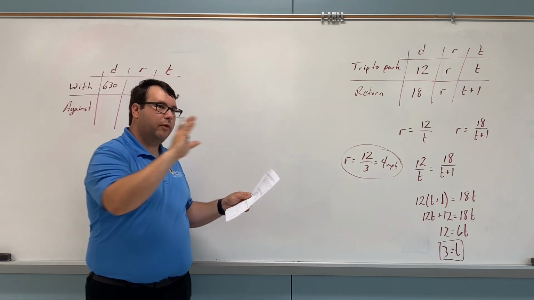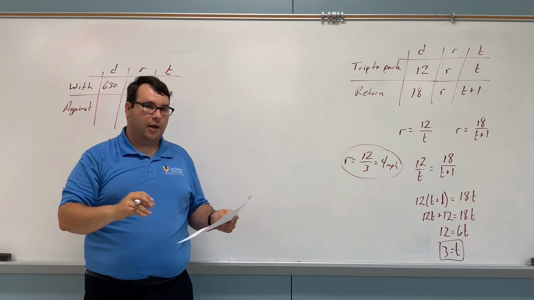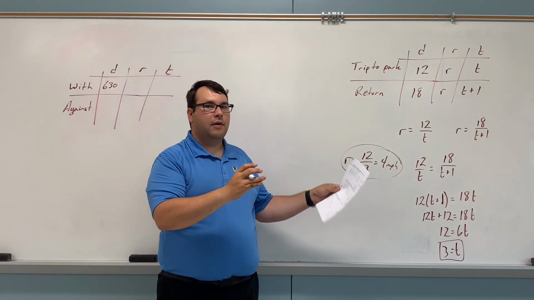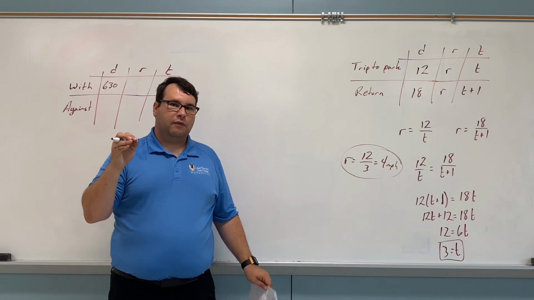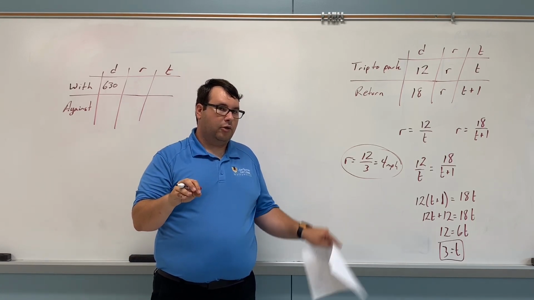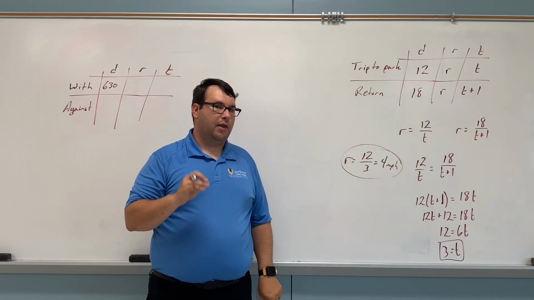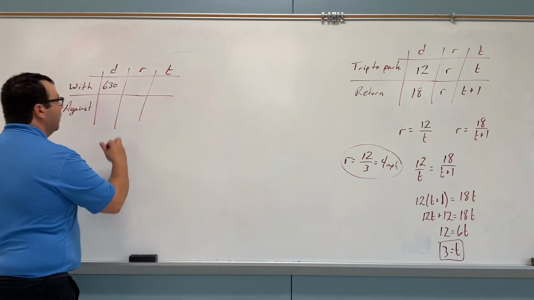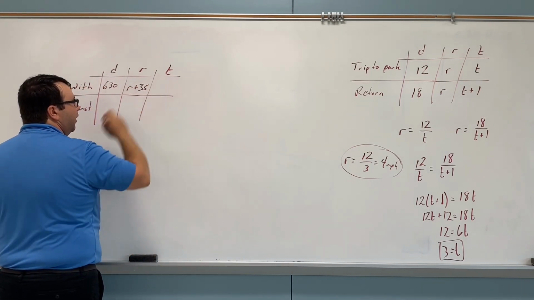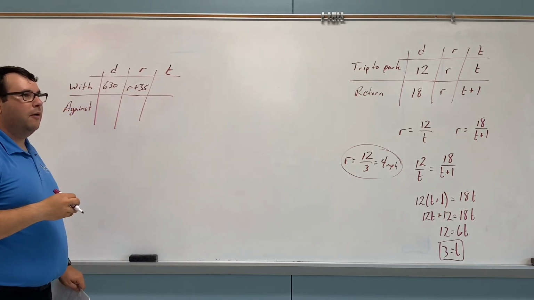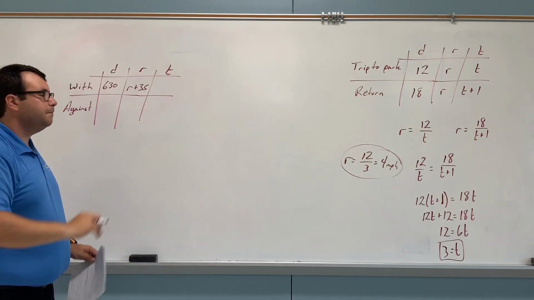So tailwind is always pushing behind the plane, thus increasing the plane's speed. If I'm looking at just the speed of the plane, I don't know what that is. It doesn't tell me. It says basically r. But I have a tailwind of 35 miles per hour, so that would be r plus 35.